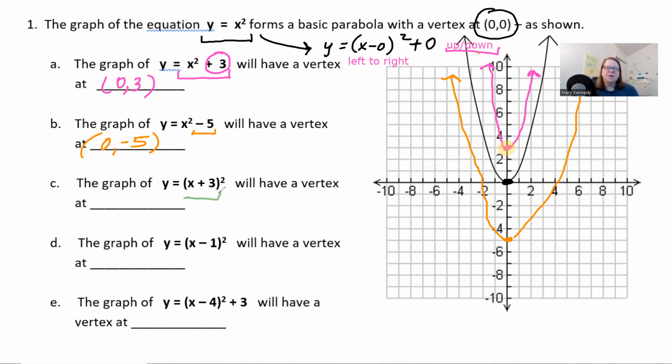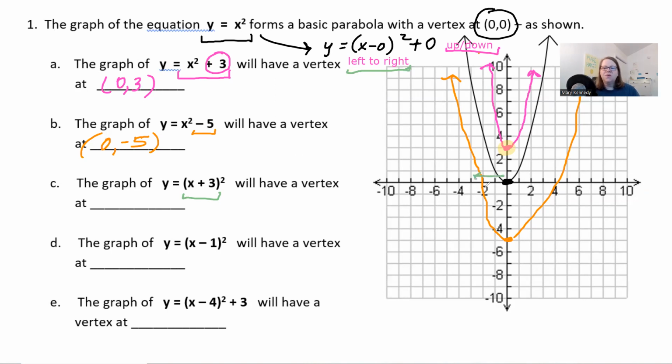All right, let's look at the next one. Now we have something going on at the beginning, right after the equal sign. So we know that's our left to right. And the interesting thing is that it's always the opposite of what it looks like. To me, plus 3 seems like it's going to go right. It's technically x minus -3, which is why it's a left movement.